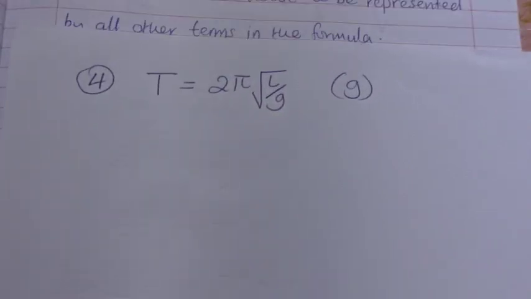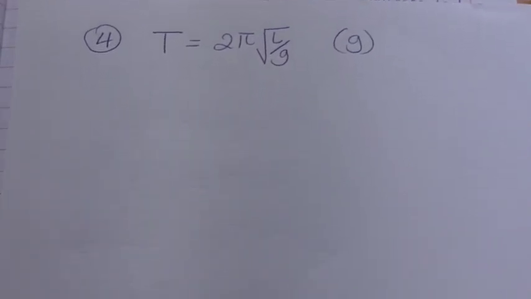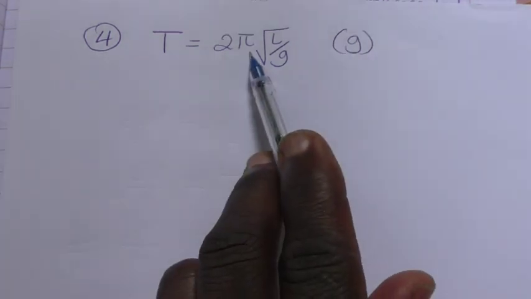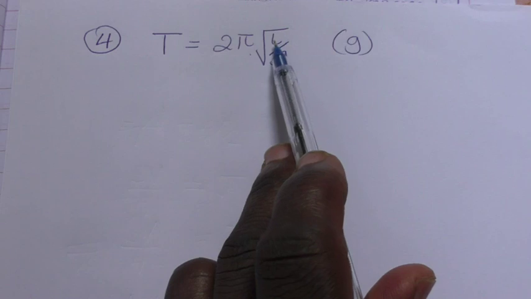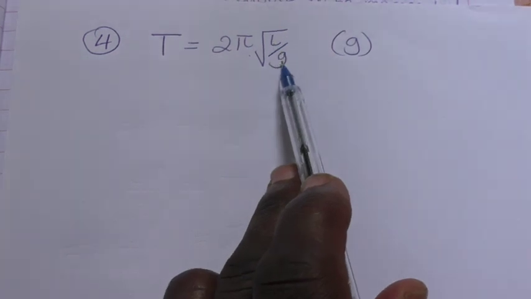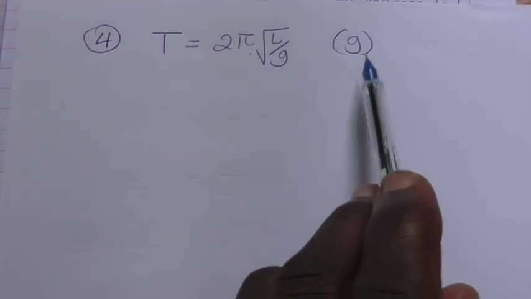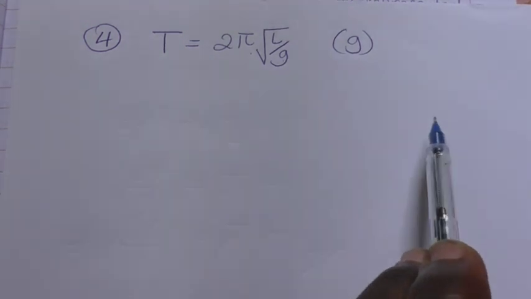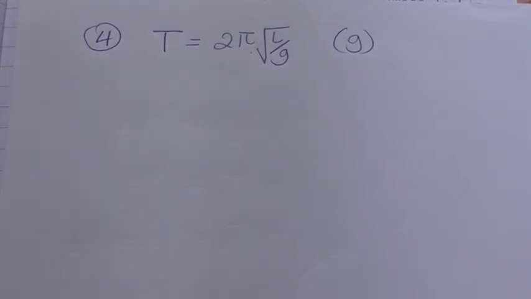Yes, in example 4, we are given T equals 2 pi times the square root of L over G, and we are to make G the subject. So in the recent examples, we have been looking at how we deal with the powers. In this particular example, we are looking at how we deal with the roots.